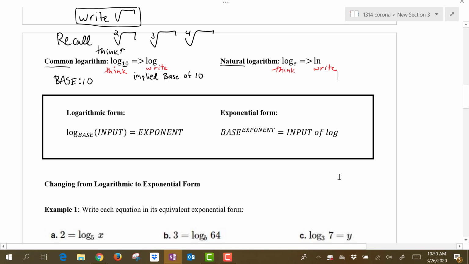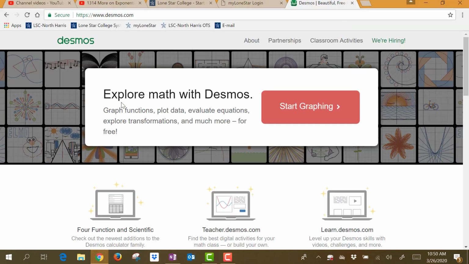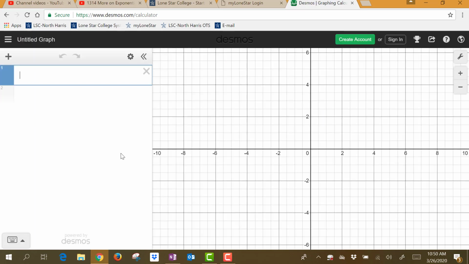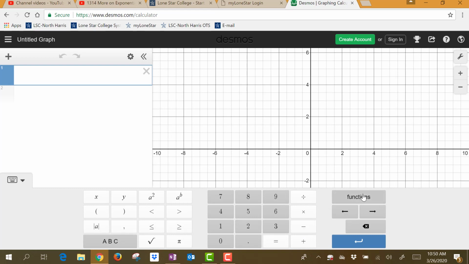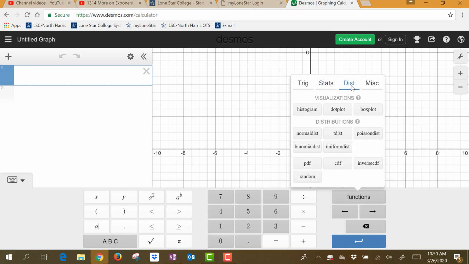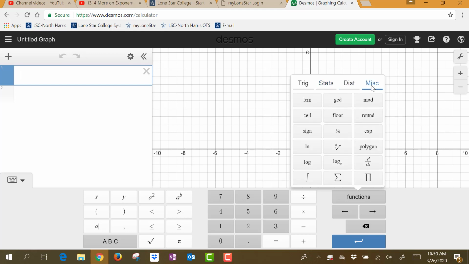If you look on any calculator, and for our purposes we can pull up Desmos, I'm going to click Start Graphing. If you go to the keypad, and click on Functions, go over to Miscellaneous, you're going to see ln, that is the log base e, and then you're going to see log, that's an implied log base 10.